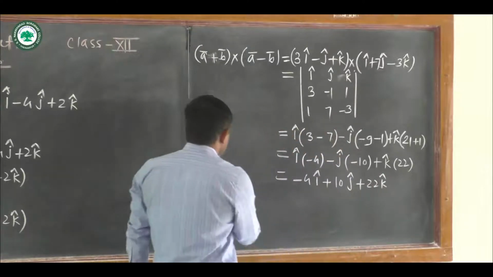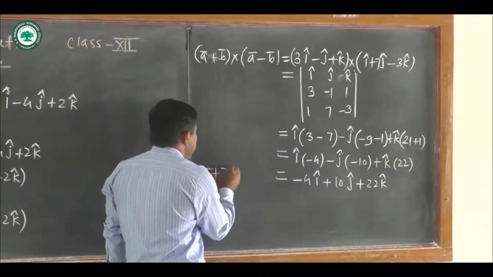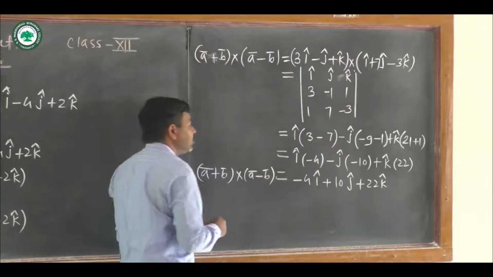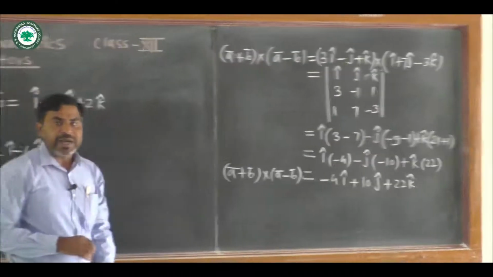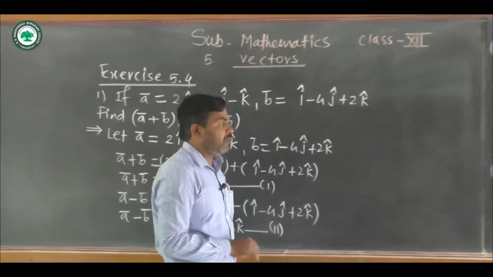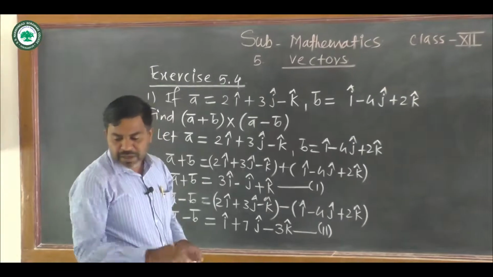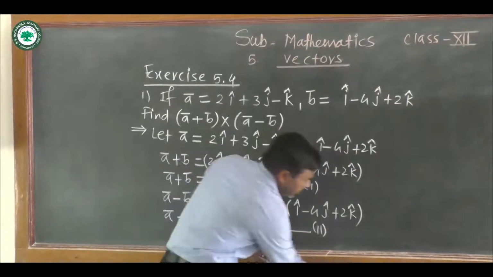This is a bar plus b bar cross a bar minus b bar. So in this way, if a bar and b bar are given, we can find a bar plus b bar cross a bar minus b bar. Now let's see the next problem.